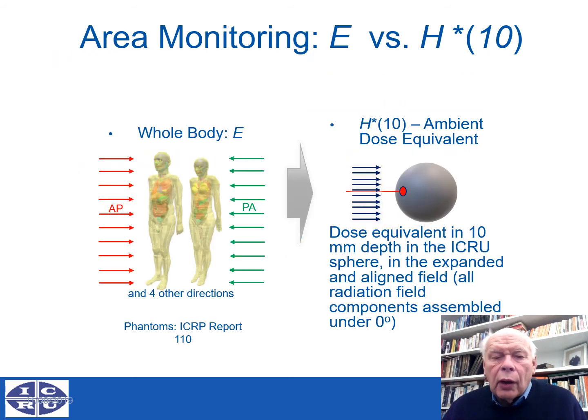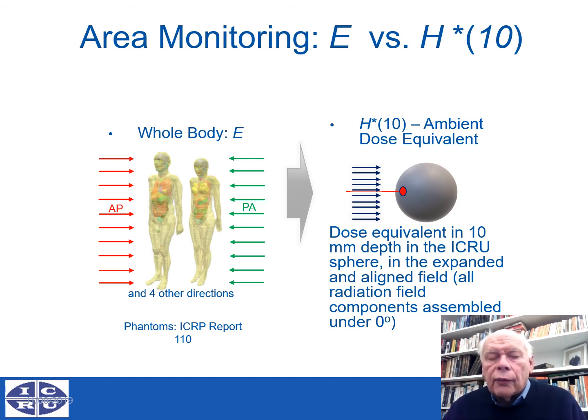Similarly, for area monitoring, the effective dose is calculated for a number of standard geometries, AP, PA, rotational, ISO, and so on. One therefore gets a number of different curves for effective dose depending on the radiation geometry.